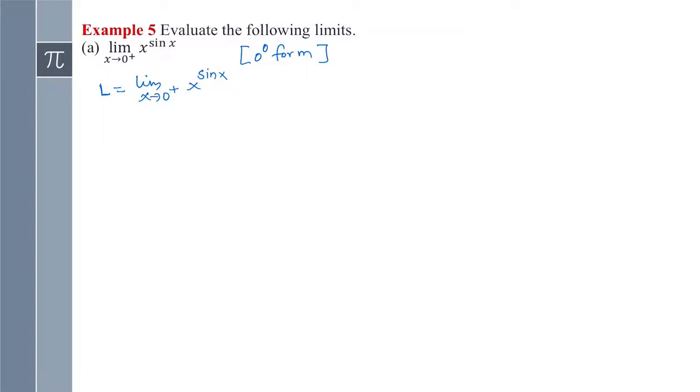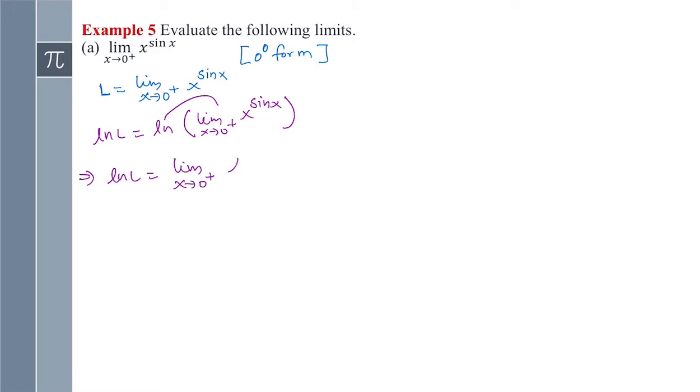Now take the natural log on both sides. So we get natural log of L equals natural log of the limit as x approaches 0 from the right of x to the sine x. Now we can put that log inside the limit, so natural log of L equals the limit as x approaches 0 from the right of natural log of x to the sine x.